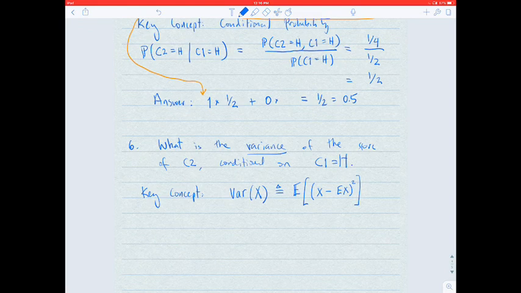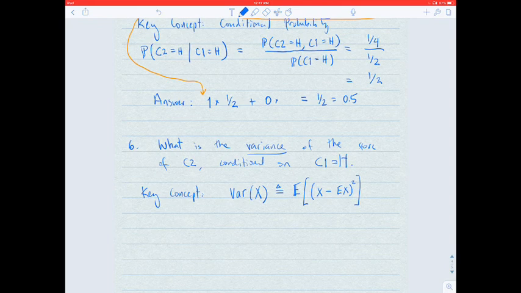Okay, so intuitively what this is trying to measure is how far away are you from your average. The more variance you have, the more you expect a random variable not to behave in a similar way at every flip. If you have 0 variance, it means that every time you're very dependable, you say the exact same thing. If you have huge variance, it means you're very, very far away from what you do on average.